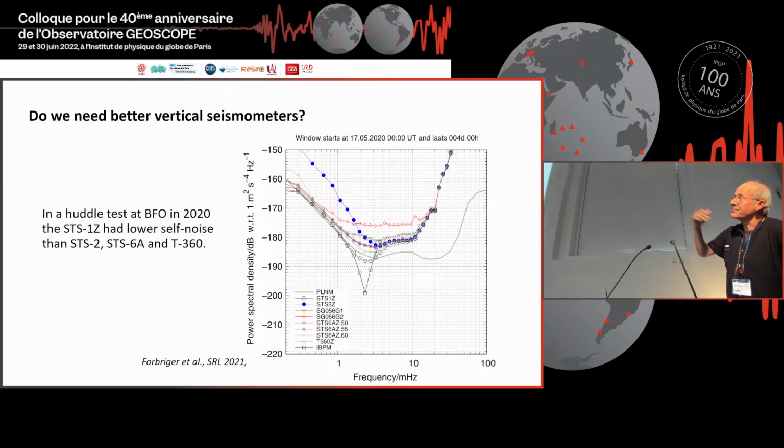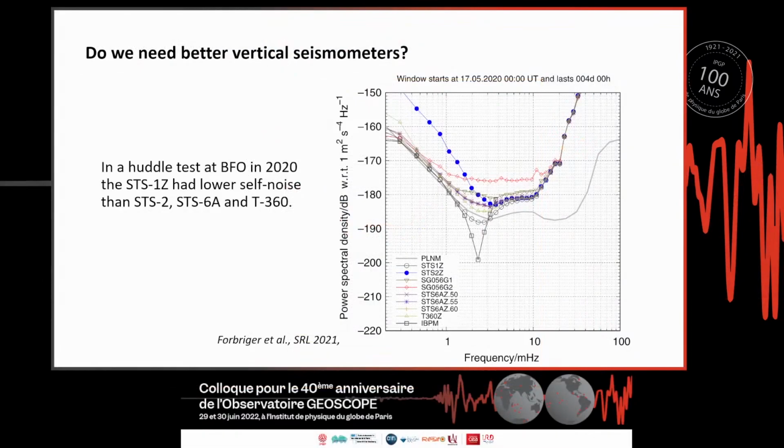The PSD of these 4 days of data is just lower. These little circles indicate the PSD of the STS-1. Everywhere else, without doing any pressure correction, these are raw data spectra.